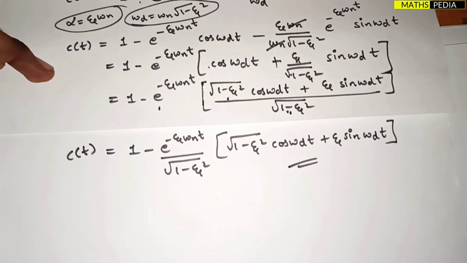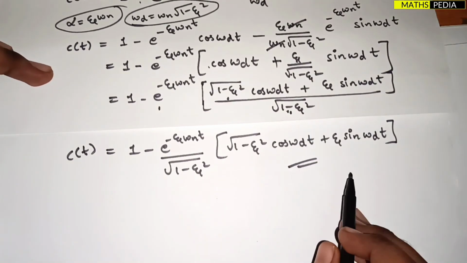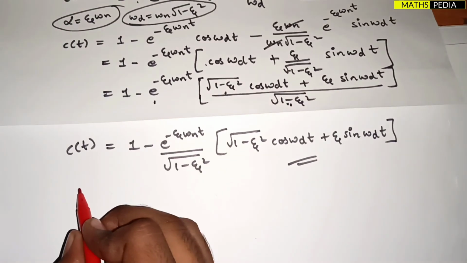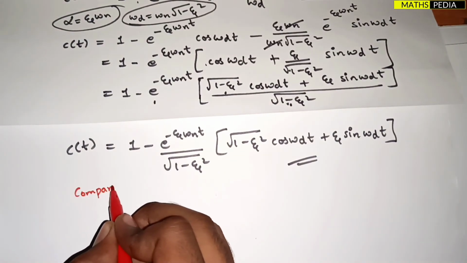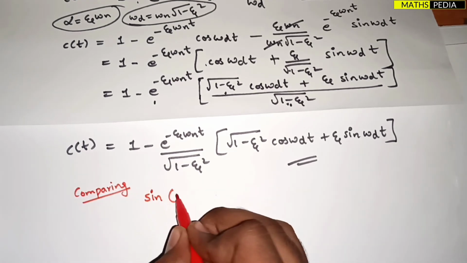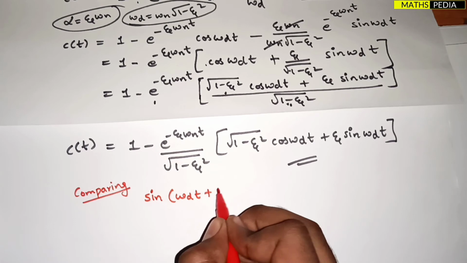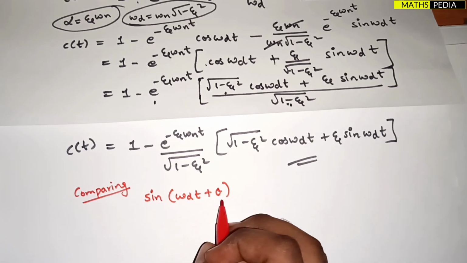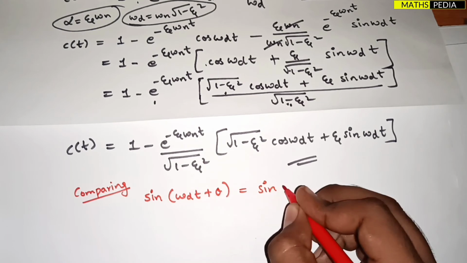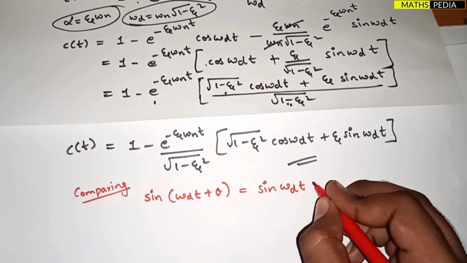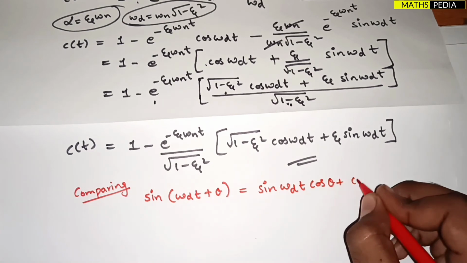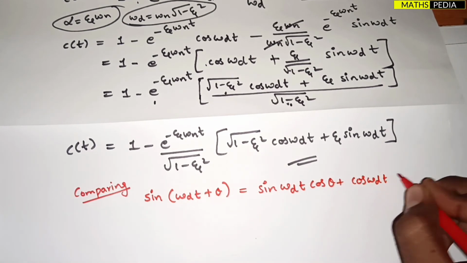Now here, when you see, comparing with sine omega d t plus theta, sine of a plus b is sine a cos b plus cos a sine b, correct?